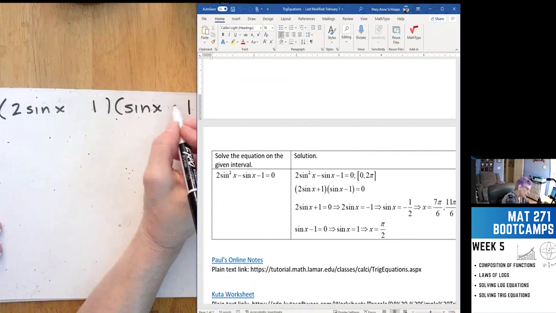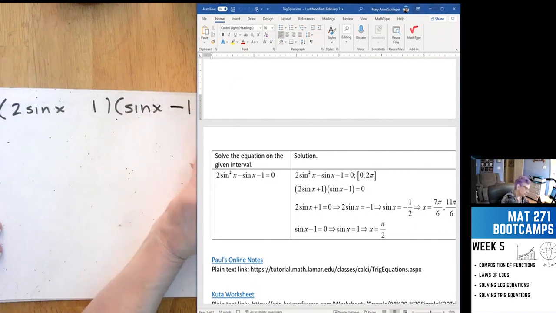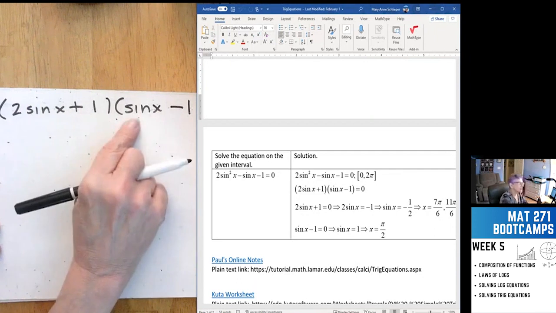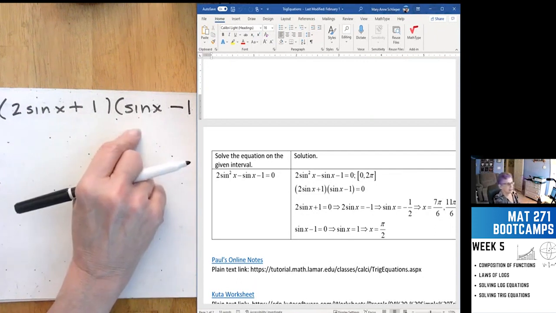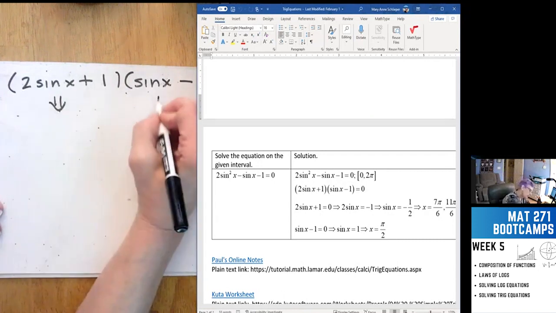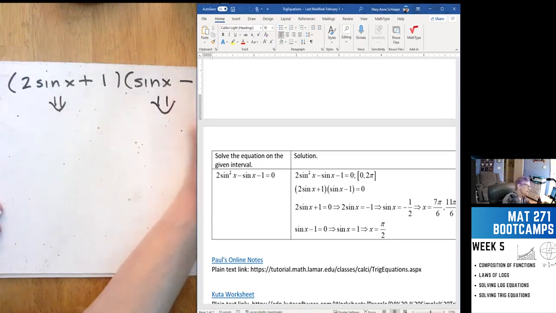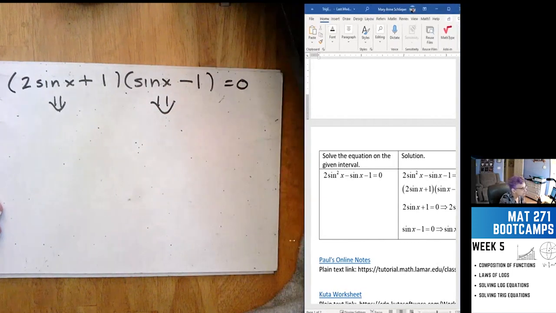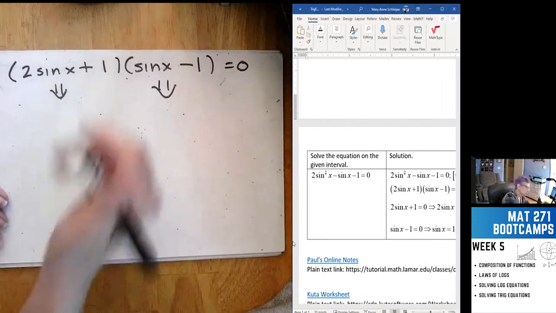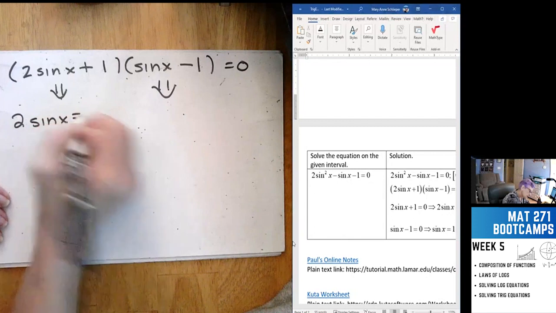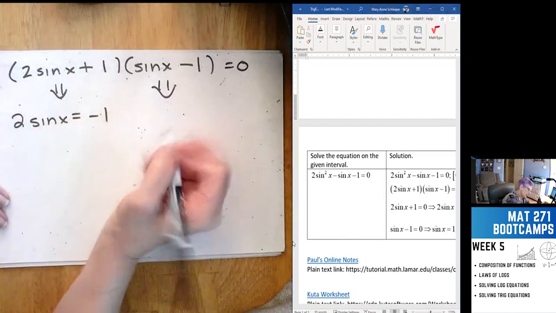If I put my minus sign here, then I'll have minus 2 sine x plus 1 sine x, and that gives me exactly what I want. So now I have two little baby equations to solve. And move this because I write big. So 2 sine x equals -1.